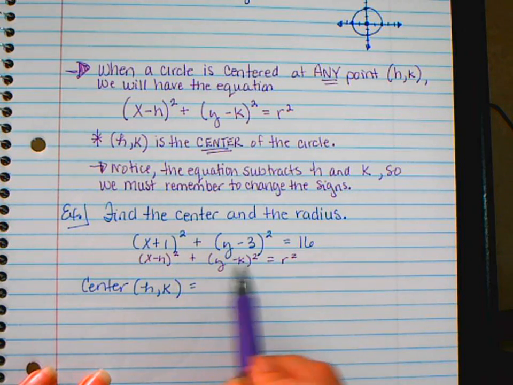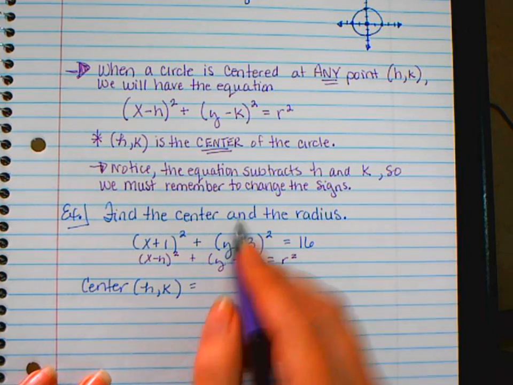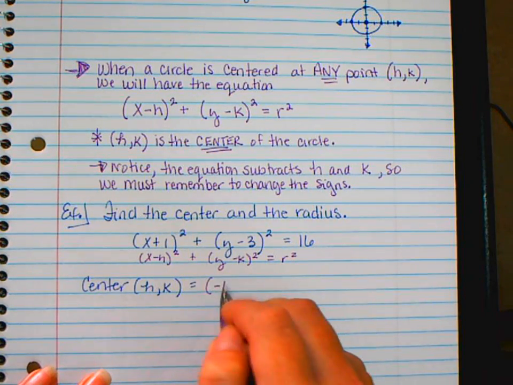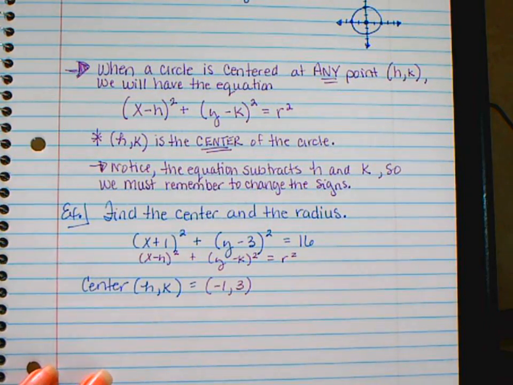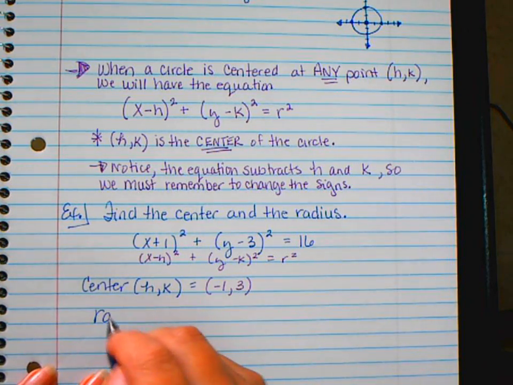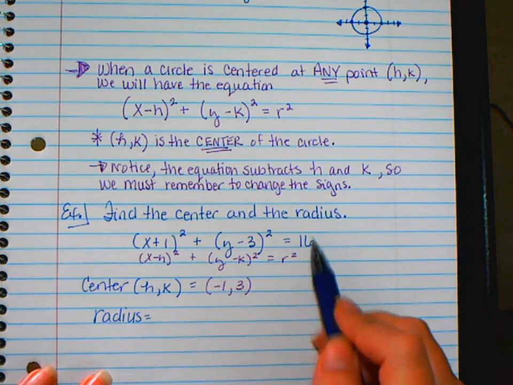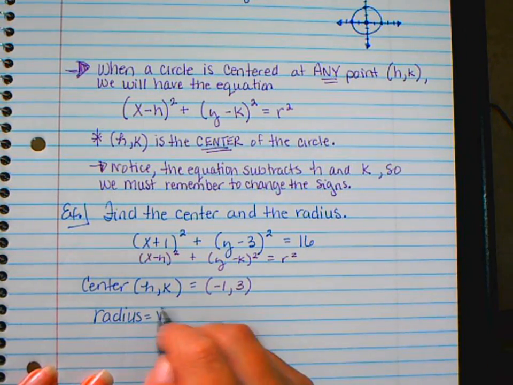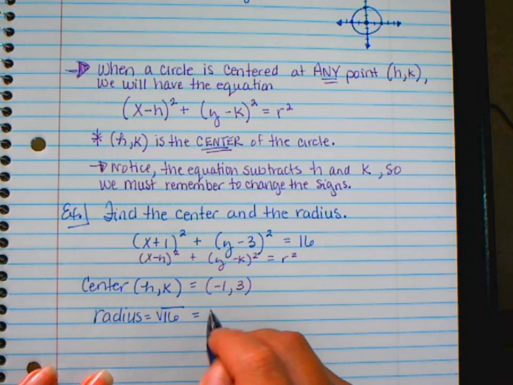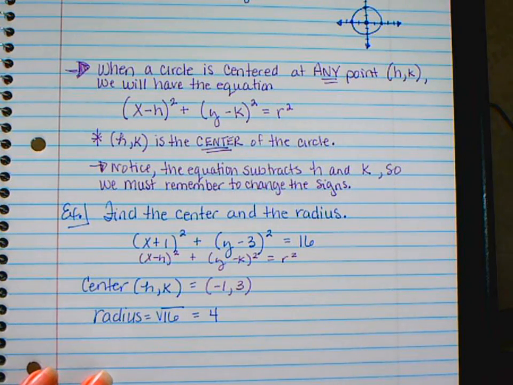If we plug it in, it looks like y minus 3. So h comma k would be negative 1 comma 3. And then it also asks us for our radius. What would our radius be? 4. Because this is the radius, but it's squared, right? So we would have to take the square root of 16 to find our radius of 4.